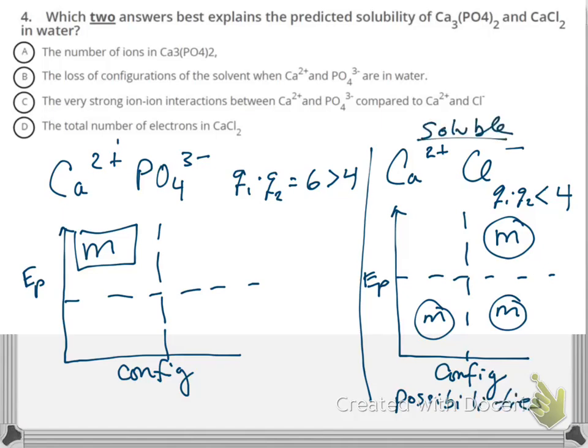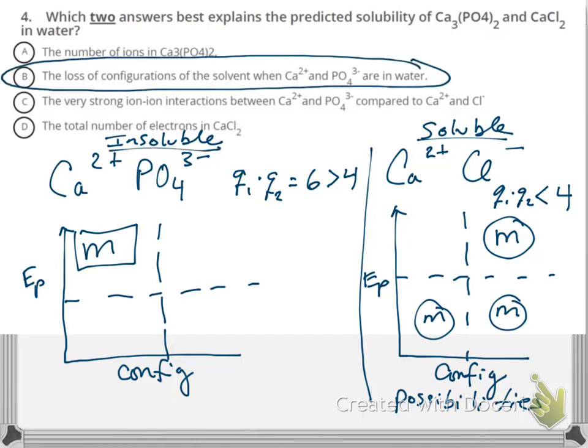So this is soluble, this is insoluble. So if you're greater than 4, you're always in the top left corner for mixed. If you're less than 4, then you are in 3 possibilities. It just depends on what other information you're given.